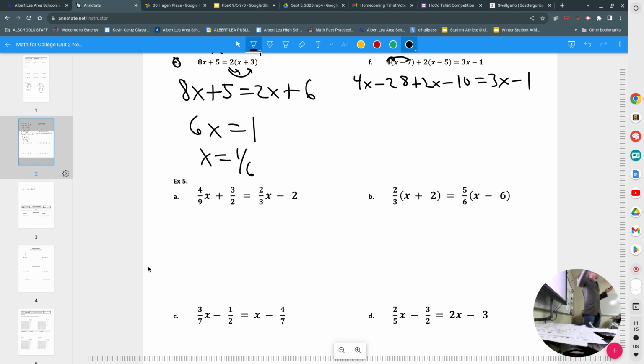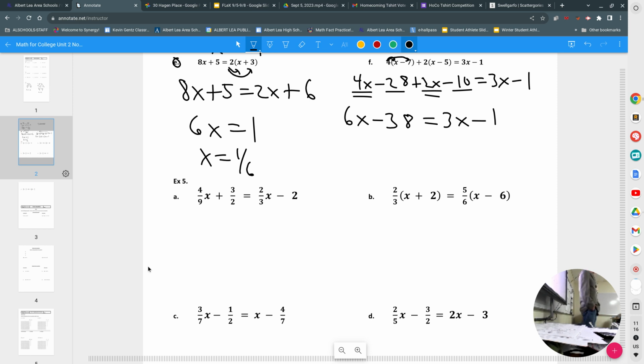Now you got a bunch of stuff on one side. You're going to gather your like terms together. Notice the 4x and the 2x, that together makes 6x. And the negative 28 and the negative 10 make negative 38. That's equal to 3x minus 1. Want your x's on your left or your right? Where do you want them, Nolan?